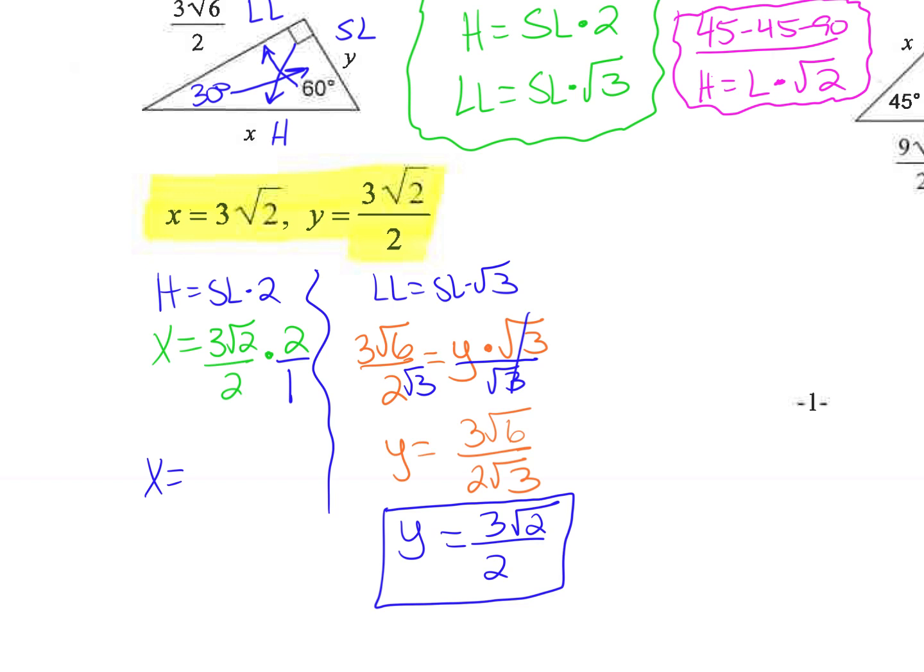So when I multiply 3 square root 2 times 2, is there another whole number that 2 can multiply with? Yeah, the 3. So 2 times 3 is just 6, and just bring your square root of 2.